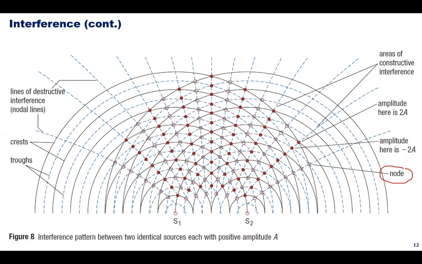So here, as shown in figure 8, the interference pattern includes lines of maximum displacement caused by constructive interference, separated by lines of zero displacement caused by destructive interference. The lines of zero displacement are called nodal lines.